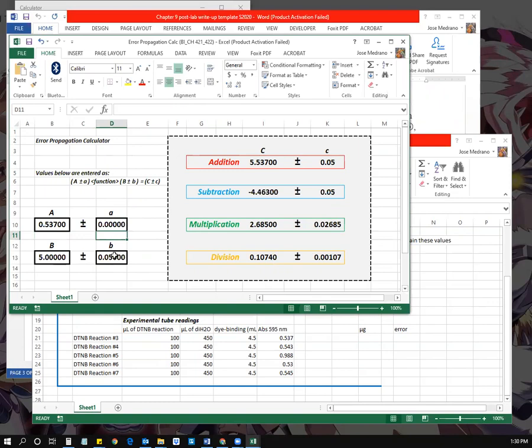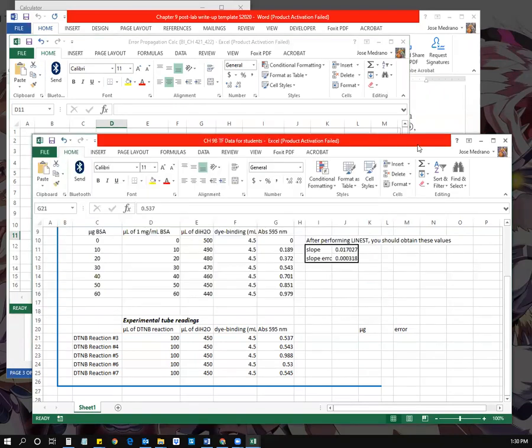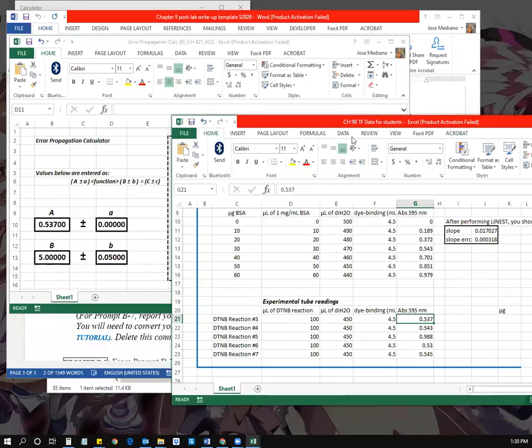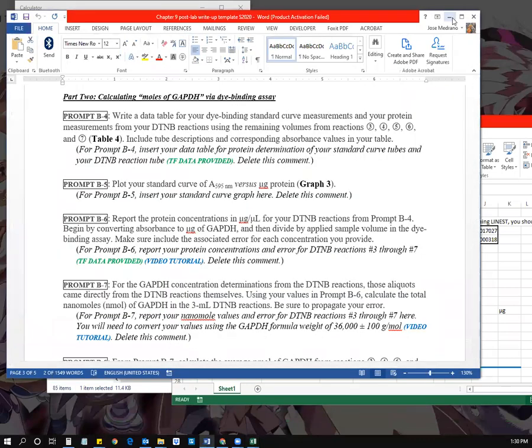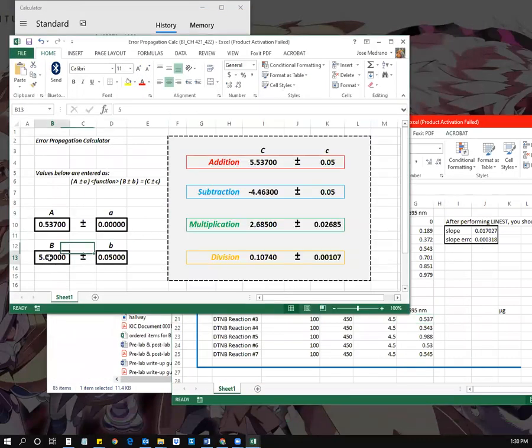Then for big B, little b, this is where I'm going to put the slope and its error as well. So the slope for this was 0.017027, if I want to be precise. And the error for that was 0.000318.